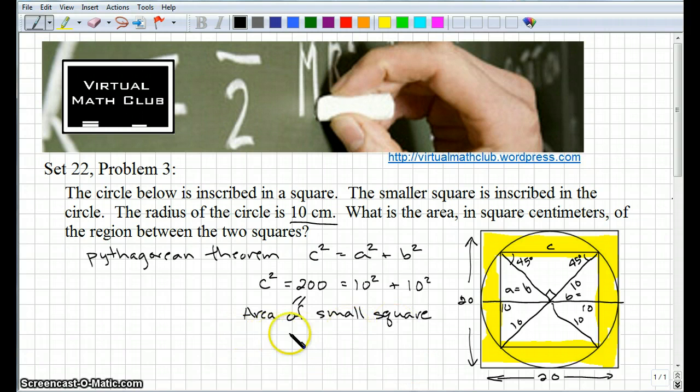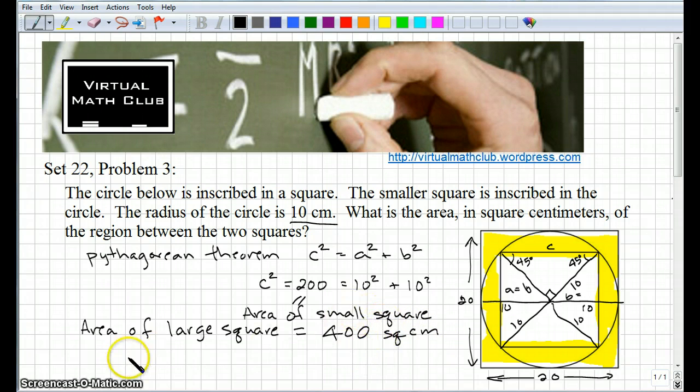So what's the area of the outer square? The area of the large square is equal to 20 times 20, which is 400 square centimeters. Alright, well then we have it.